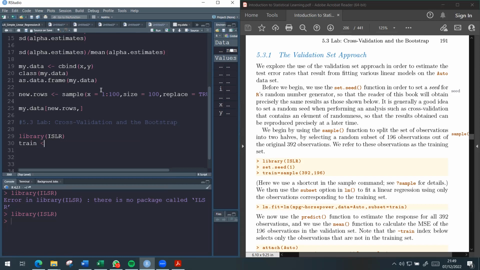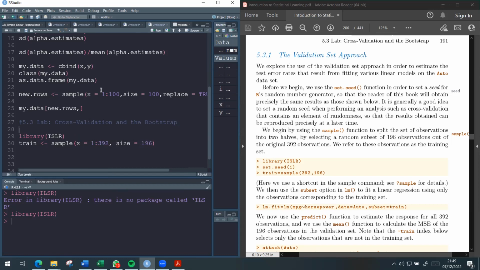So train, that sample command, we're going to have just says 392. So I don't need to say, I would have expected 1 until 392. And half of that, so 196.